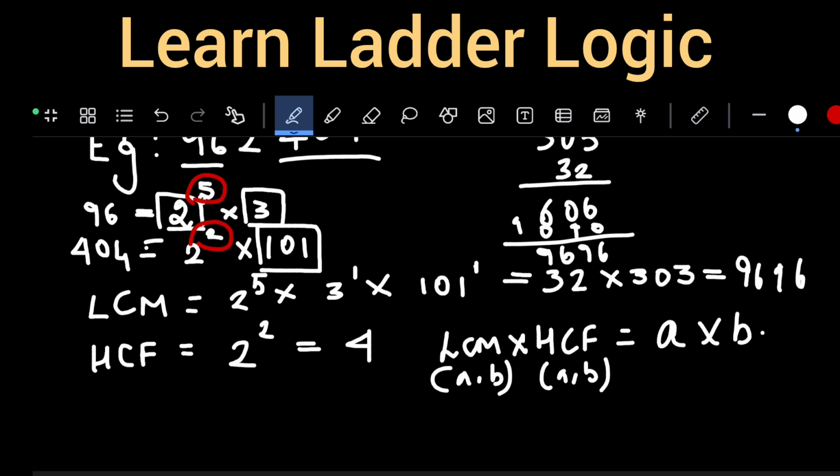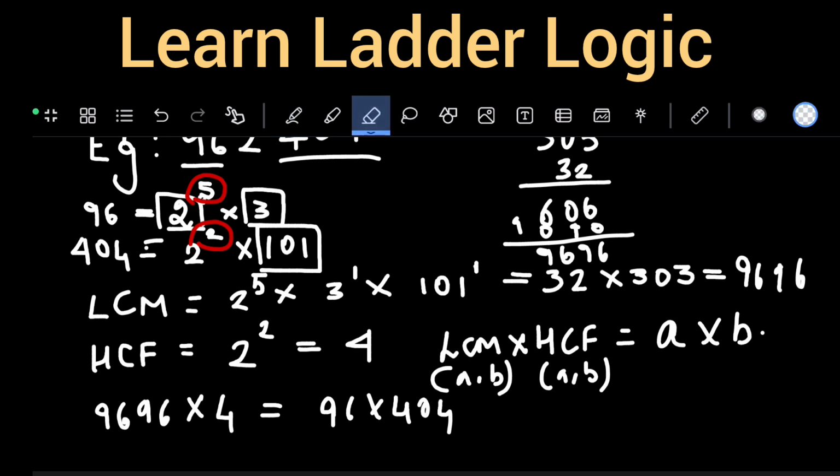Let us try this question. We have the LCM of 96 and 404 as 9696 into the HCF as 4. Let us check whether it is equal to 96 into 404.